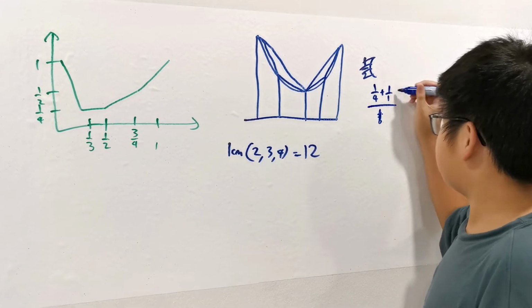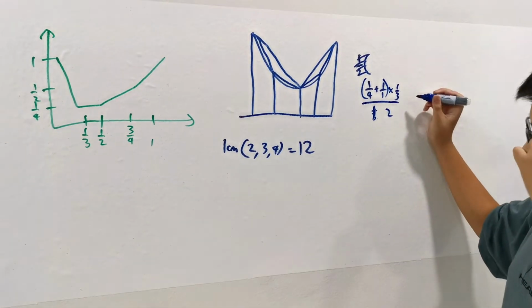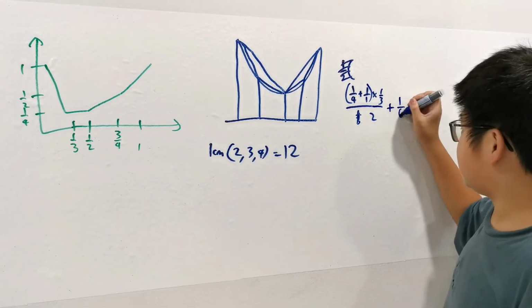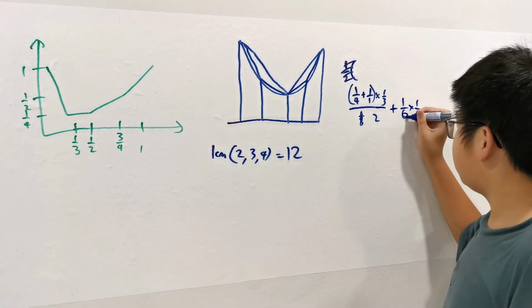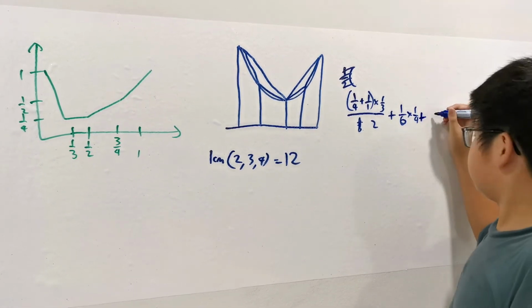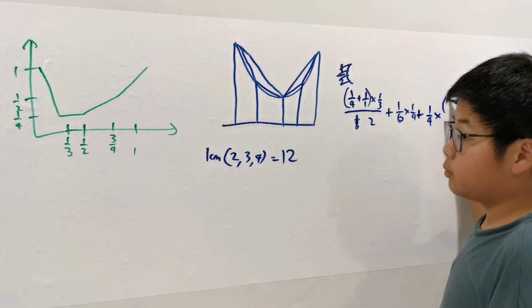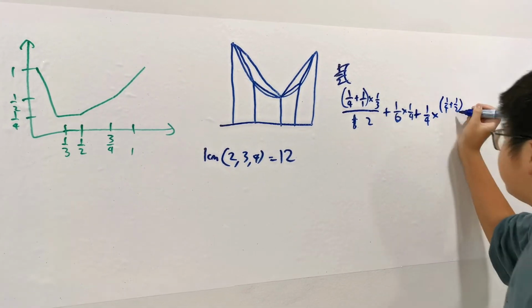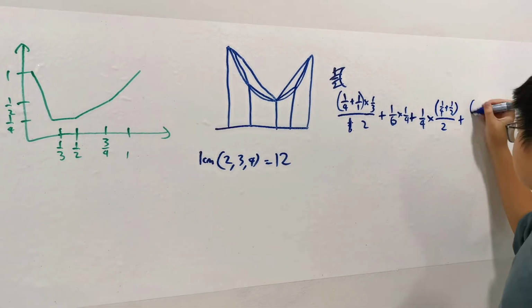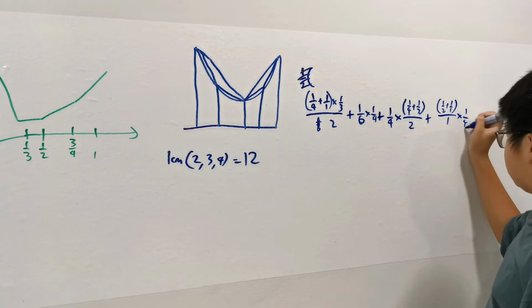Wait, actually, it's times 1/3/2. And then you add 1/6 times 1/4. And then add 1/4 times 1/4 plus half over 2 plus half plus 1/1/1 times 1/4.